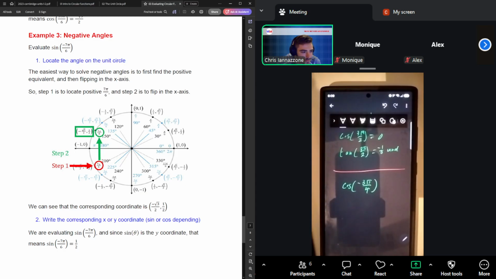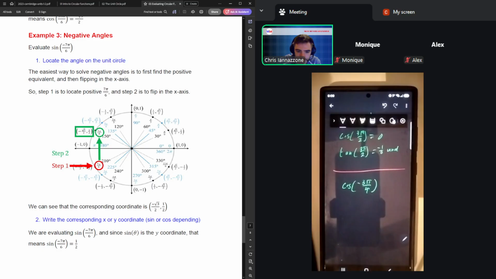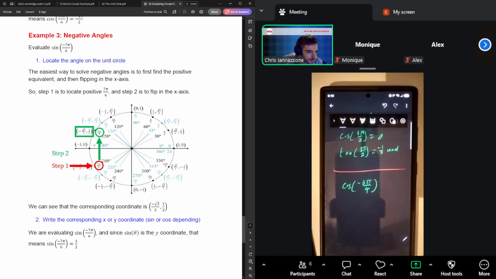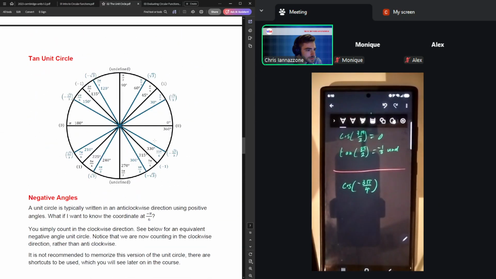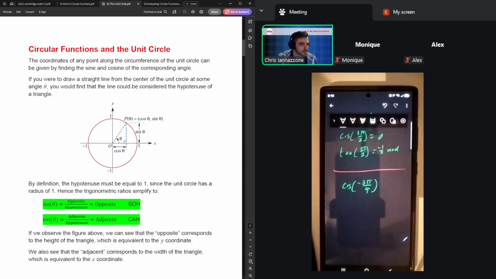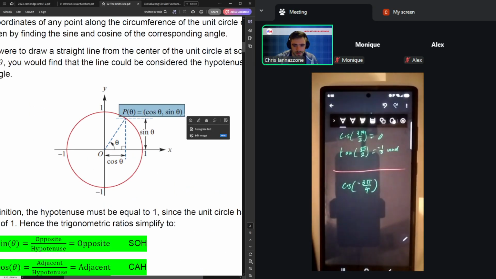I know they're both the same, but x or y matters for cos. Got a 50-50 shot. I'll pull up, yeah, this. That'll help maybe.